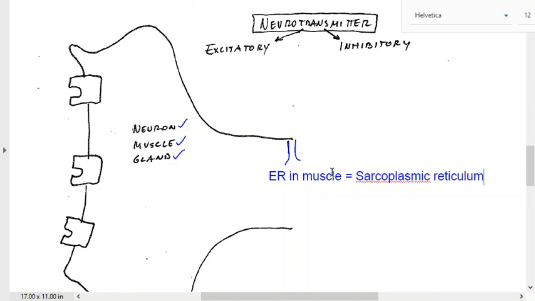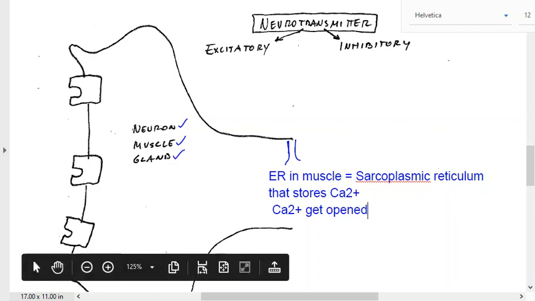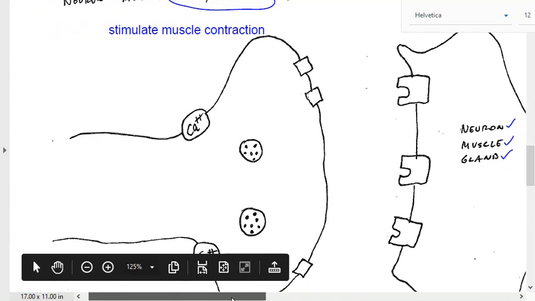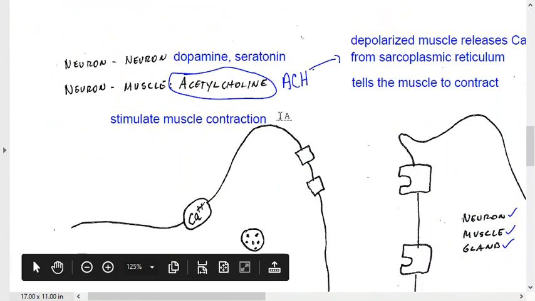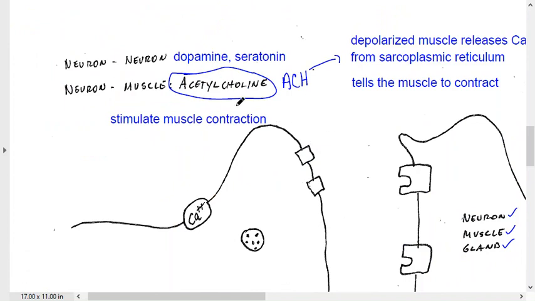It's a specialized structure that stores calcium. And then calcium channels get opened as part of the depolarization of that cell. But that's just fun little extra stuff. What I do want you to know, if you're just looking for the basics, is that acetylcholine is the neurotransmitter for neurons to muscles.